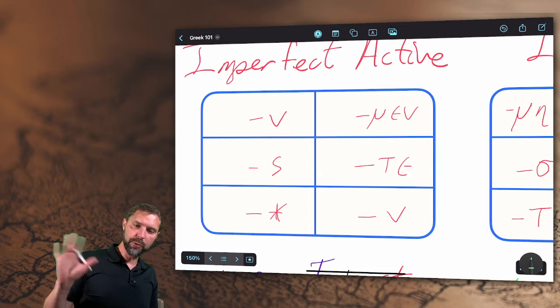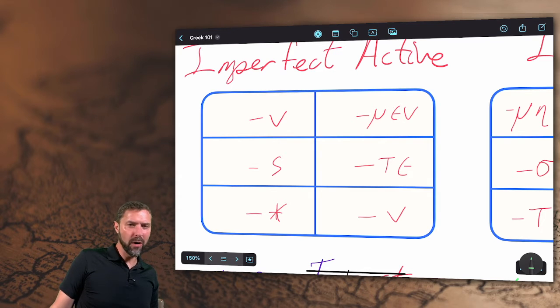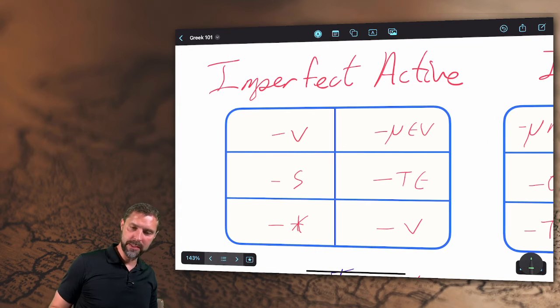Okay, so brute force memory, and it continues going as we proceed, but you actually are pretty close to mastering most of the core charts that you need to know that you attach to other pieces in order to work this language out. Okay, for this one, then your endings in the active are going to be nu, sigma, blank, men, te, nu.